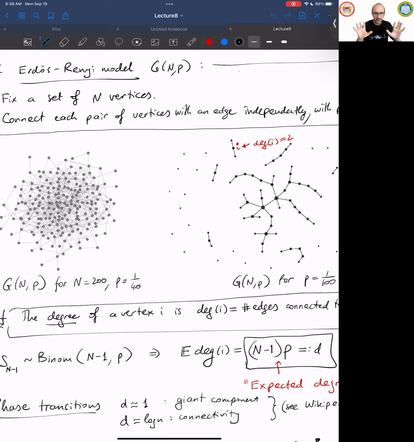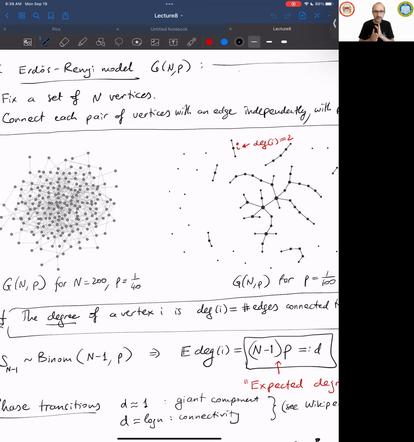There is nothing between gas and liquid, or between liquid and a solid state, and here exactly the same thing happens. Suddenly, the graph is disconnected with very, very high probability, and you slide P just a little bit up, and the graph is connected with very high probability. So it goes from probability almost 0 to probability almost 1, almost instantly. Whenever you ask about some transition, for example from a disconnected graph to a connected graph, from no cycles to cycles, from isolated vertices to no isolated vertices, and so on, there is always the same phenomenon.